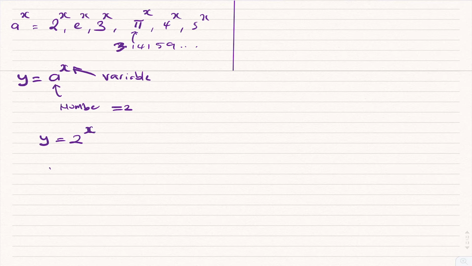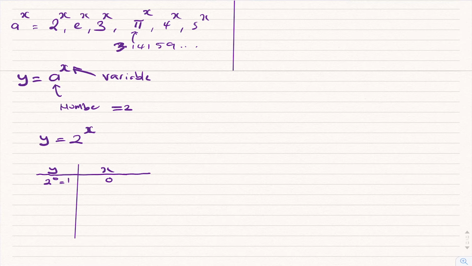What do I mean by variable? Well, if I have y and x, I get some numbers. When x is 0, what is y? Well, 2 to the power of 0 is 1. Anything to the power of 0 is 1.